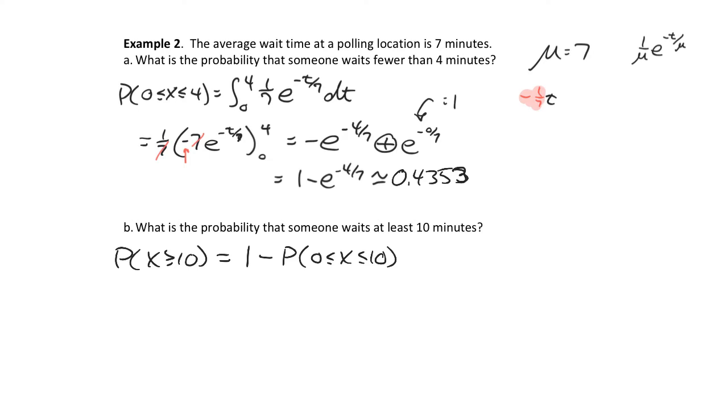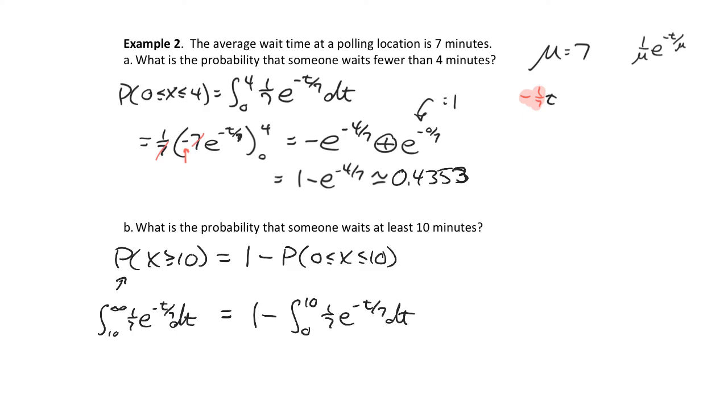Well, it matters because this is equal to the integral from 10 to infinity of 1/7 e to the negative t over 7 dt. An improper integral. We don't like those. Instead, this one is 1 minus the integral from 0 to 10 of 1/7 e to the negative t over 7.